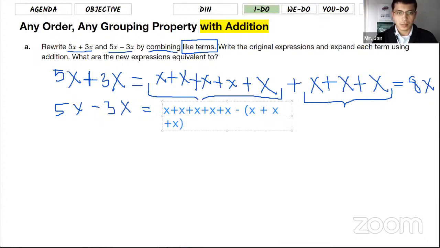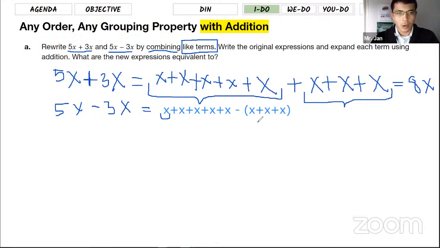Plus, oops, 3 x's. Okay. Here we go. So what do you think? Every time you cancel out 1 x from the previous one because you're subtracting. So this x and this x cancel out, right?